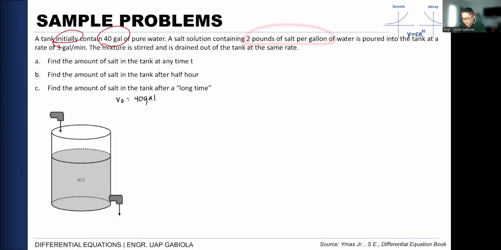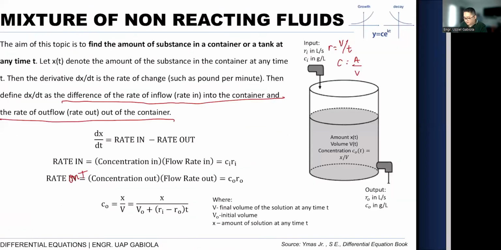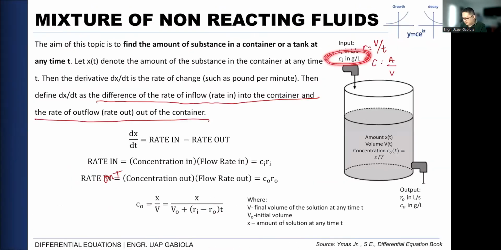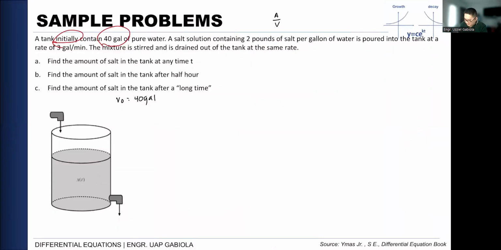Okay? So makikita nyo, yung unit niya is pounds. So amount over volume. Sabi natin, pag amount per volume, siya ay concentration. Okay? So, yun yung concentration Ci natin. Nakalagay niya 2 pounds per gallon.